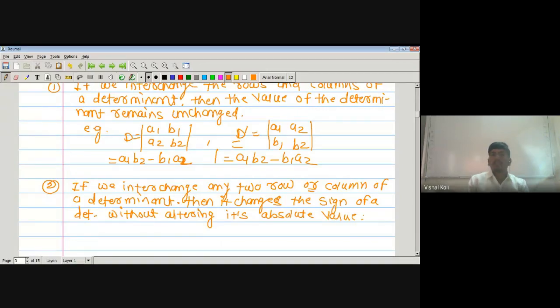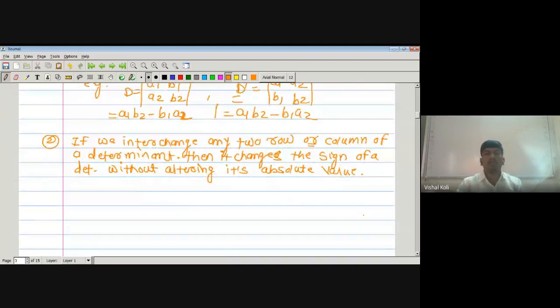For example, if we have a 2 by 2 determinant with value k, then after interchanging any two rows or columns the new determinant has value minus k, and if the original has minus k, the new one has plus k.